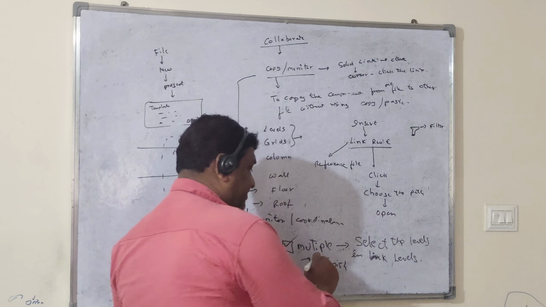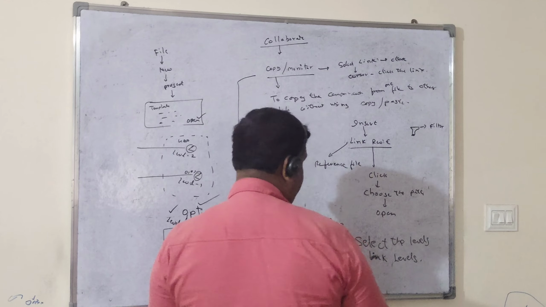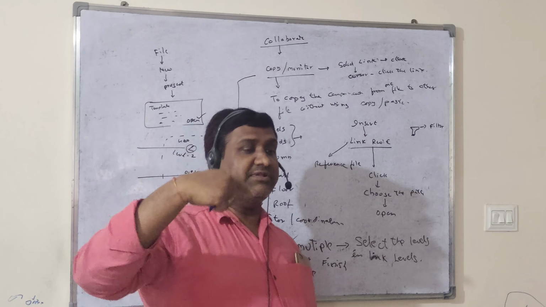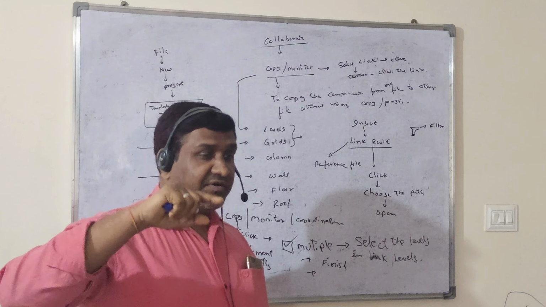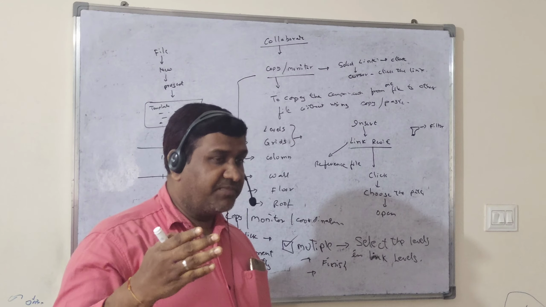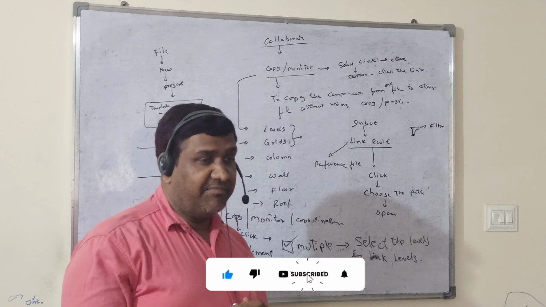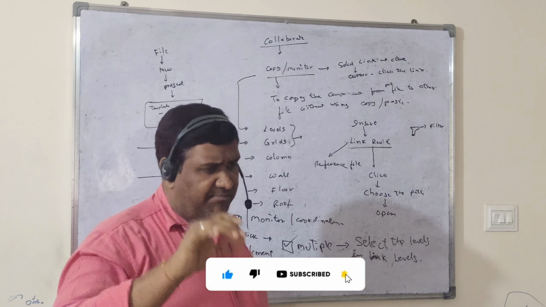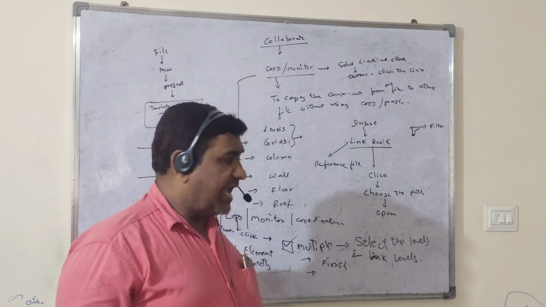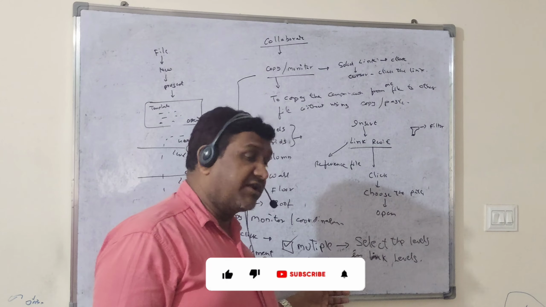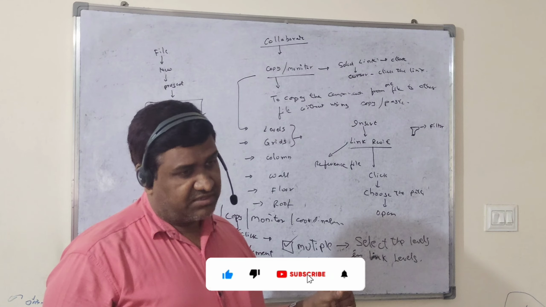When you click Finish, your screen is going to buffer for some time, because whatever levels are in the reference file, that the link file has brought, in exactly the same location and position, one more copy of the same levels is going to be created here.